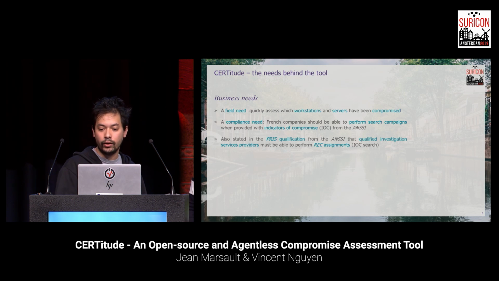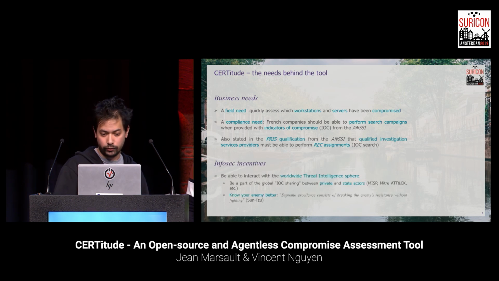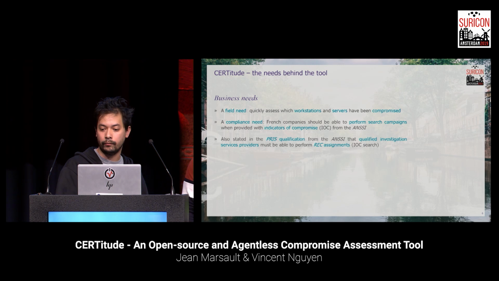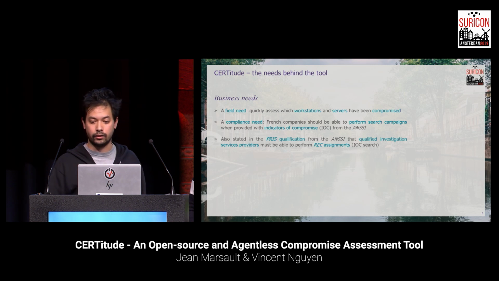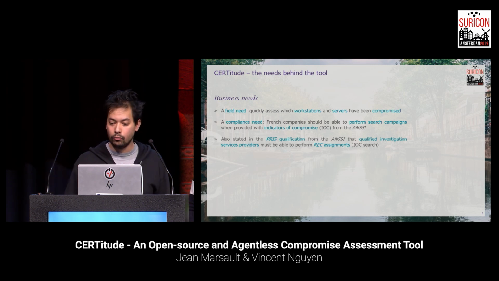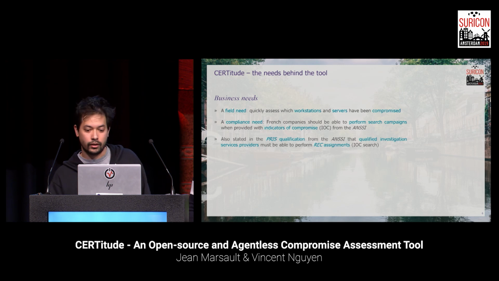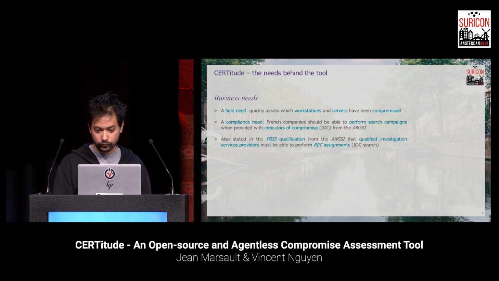Back then, when we were in our very first incident response, EDR didn't exist, and most of our clients hadn't deployed such a tool yet. So we still need this kind of tool to assess the extent of the compromise.